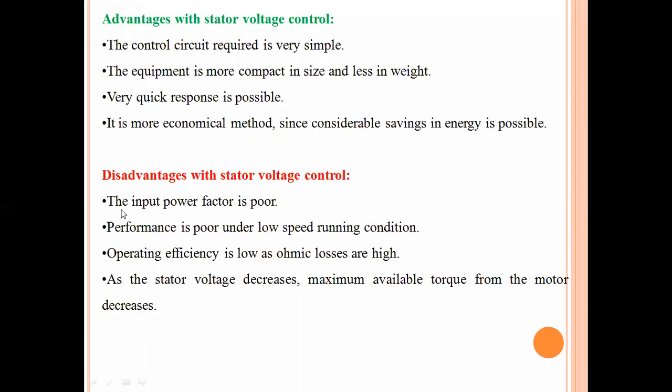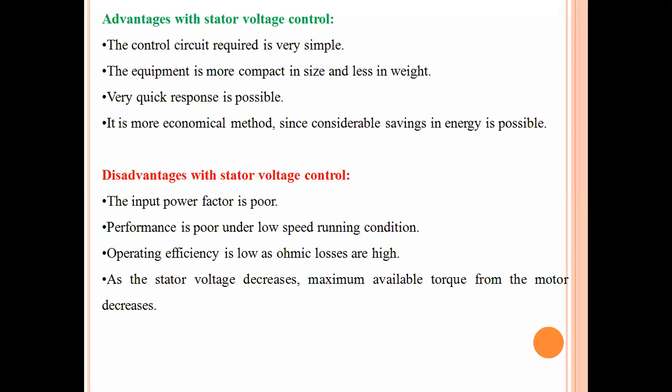As discussed, the input power factor is poor because of the non-linear power electronic circuit. The distortion factor and displacement factor are high, which means because of the power electronic switches, harmonics will be produced. Because of the harmonics, the power factor will decrease or be poor.